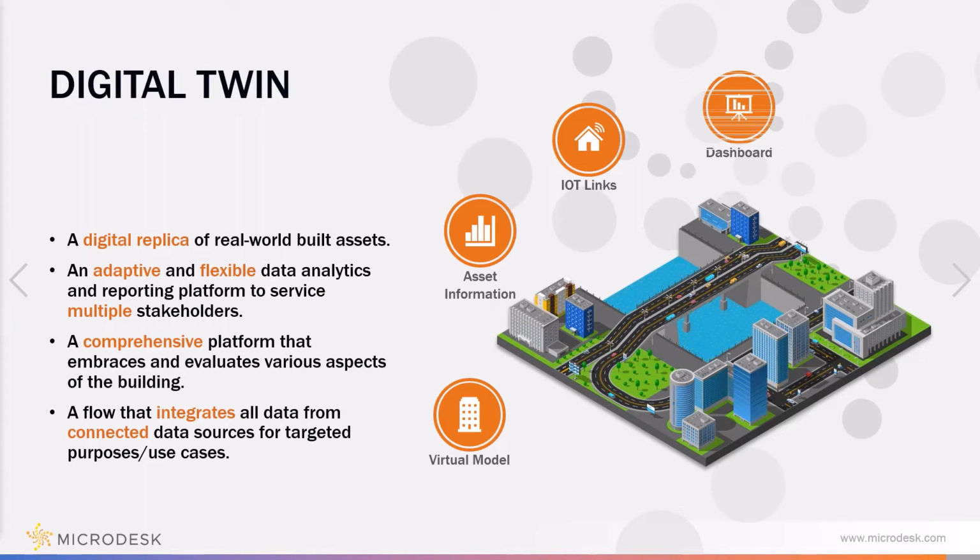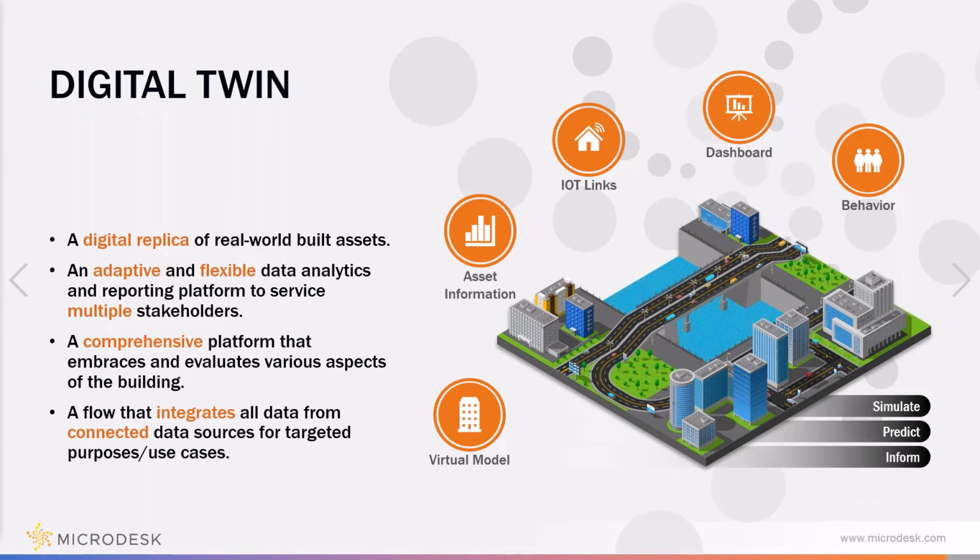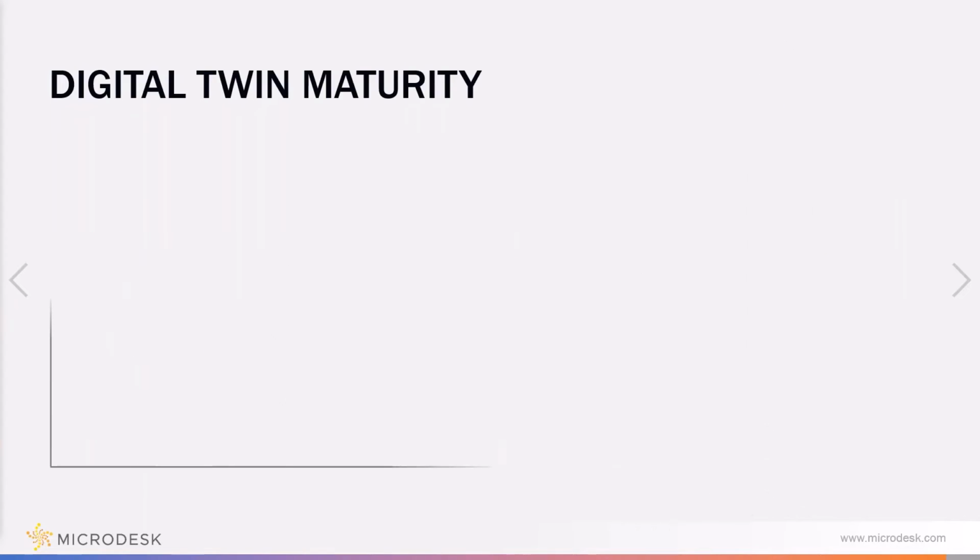It is a dynamic digital reflection of that physical asset. That means it is bidirectionally connected and integrated to possess the operational and behavioral awareness necessary to simulate, predict, and inform decisions based on real-world conditions and provide real-time feedback.